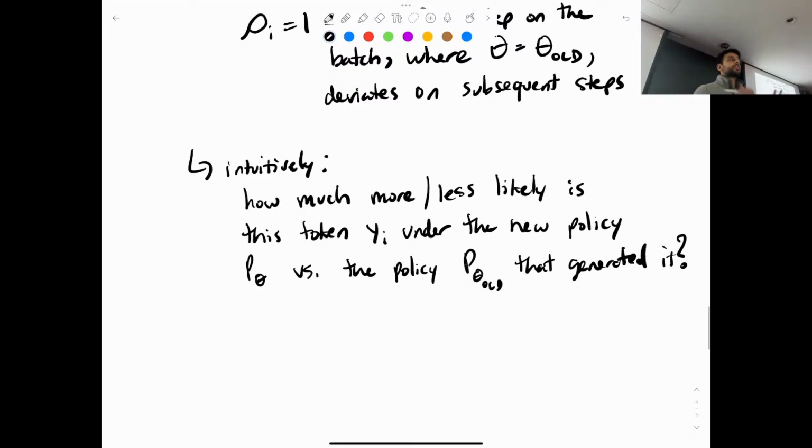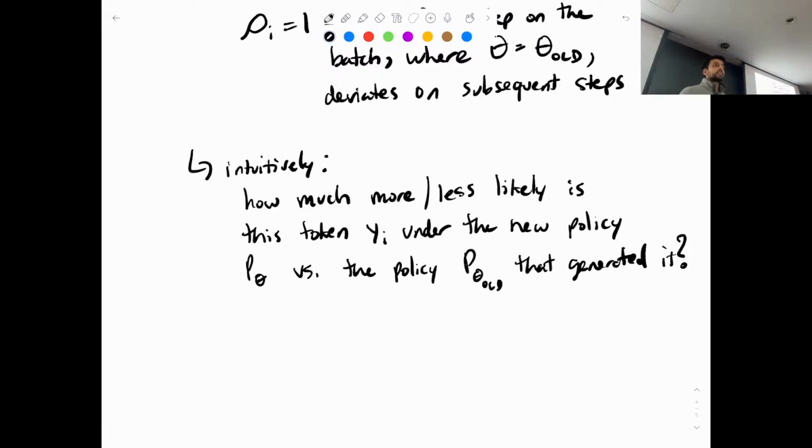And what we're going to do with this ratio is essentially use it to weight our advantage computation and control the magnitude of the update by clipping this ratio. So we're not going to allow this ratio to exceed a certain threshold. And if it does exceed that threshold, we're not going to apply any update to our model at all. So that's where we're going, and that's the core idea of the PPO algorithm.